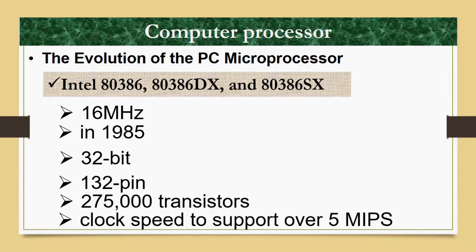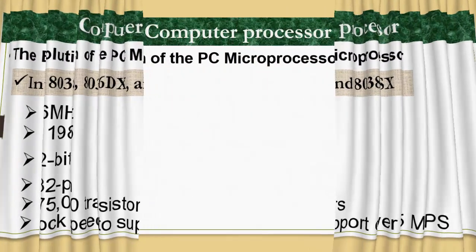The Intel 386 had versions with clock speeds ranging from 16 MHz to 33 MHz. However, other manufacturers, specifically AMD and Cyrix, had competing processor versions with speeds up to 40 MHz. Okay, students, let's go ahead.